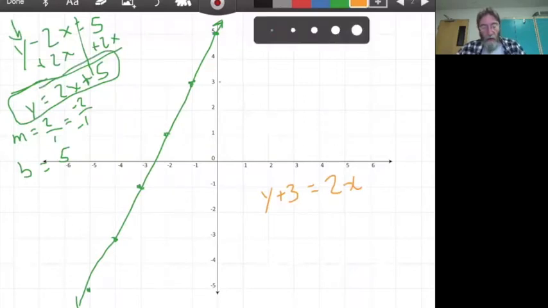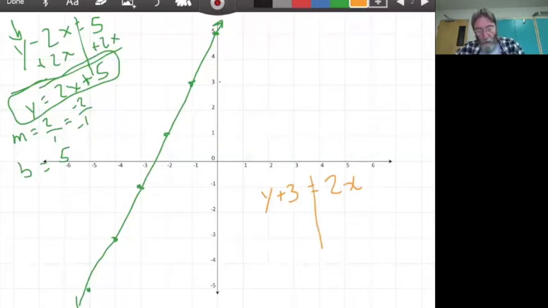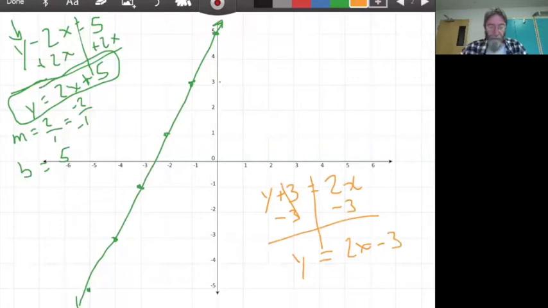Now in our other equation, y plus 3 equals 2x, when we go to solve this one, we want to subtract 3 from both sides. And when we do that, we get our equation y equals, these become 0, 2x minus 3. So let's graph this one. Our slope is 2, or 2 over 1.